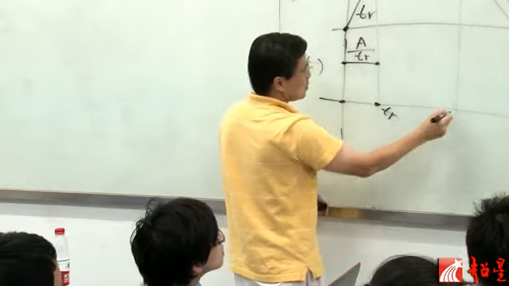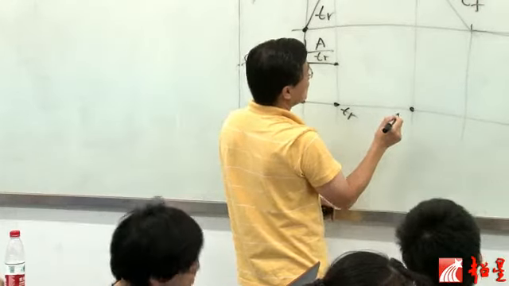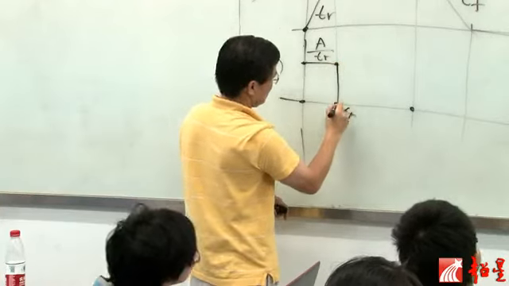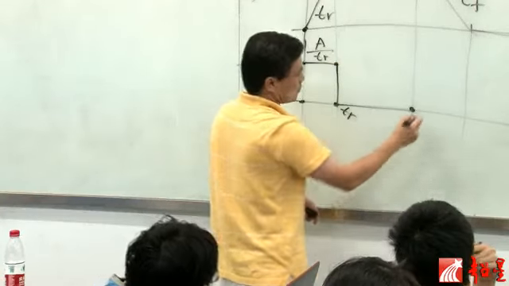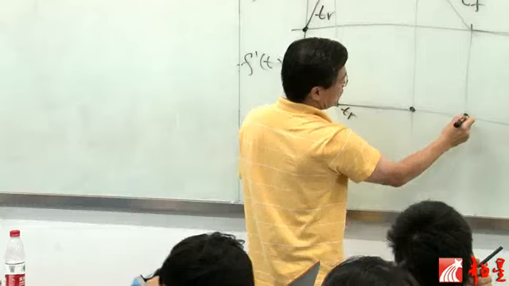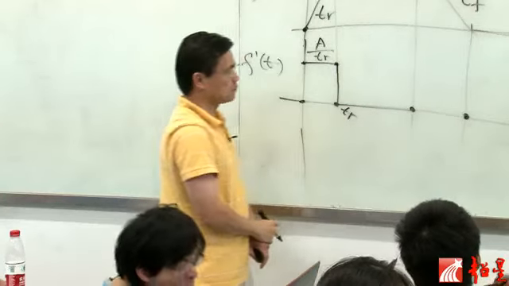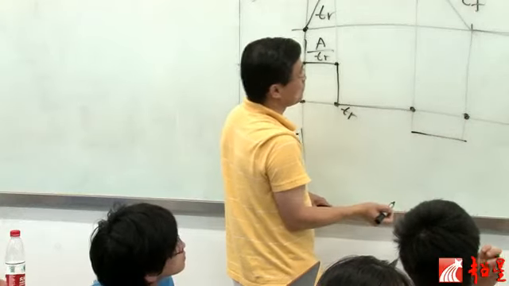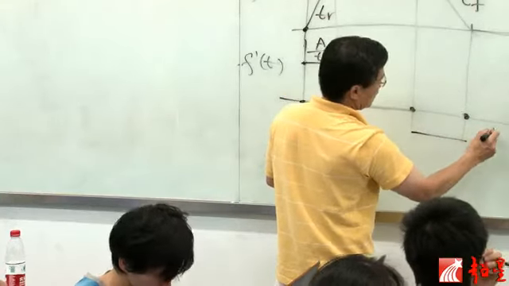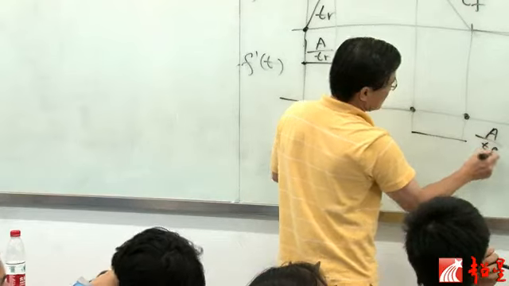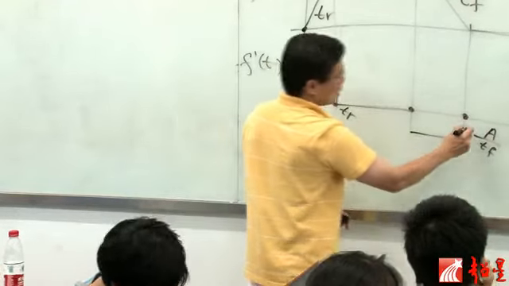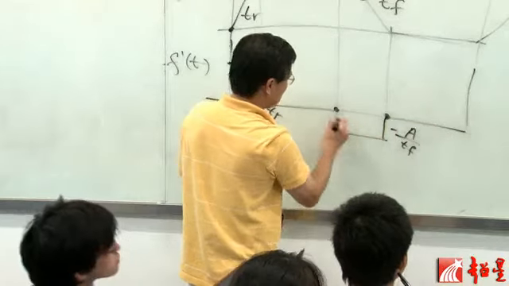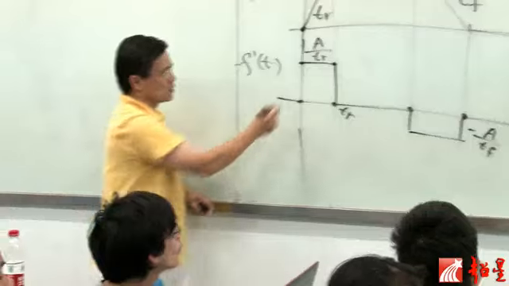From t sub r to here, we have 0. From here to this point, we have a negative value: negative A over t sub f. And then we have 0 again. So this is the first thing.